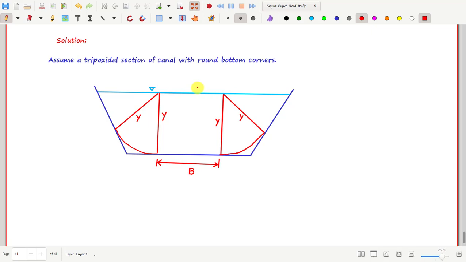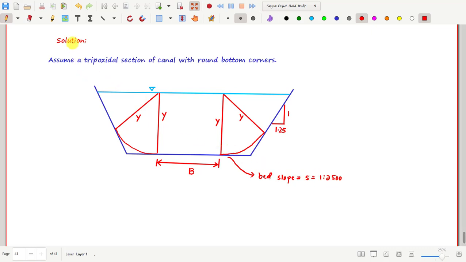Similarly, this is also b, and the side slope given to us, which is 1.25 horizontal to 1 vertical, right? This is the side slope given to us, and the bed slope given to us is S equal to 1:2500. This is given to us.